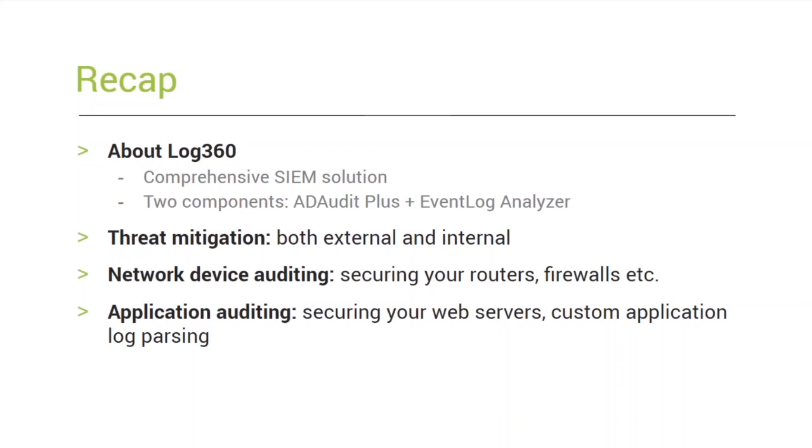AD Audit Plus helps you perform in-depth auditing of your Active Directory environment, so you can use this to monitor all of your users and employee activity, monitor all your privileged administrators, and keep a check on internal threats.